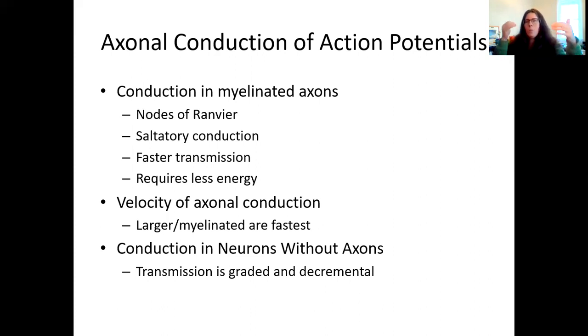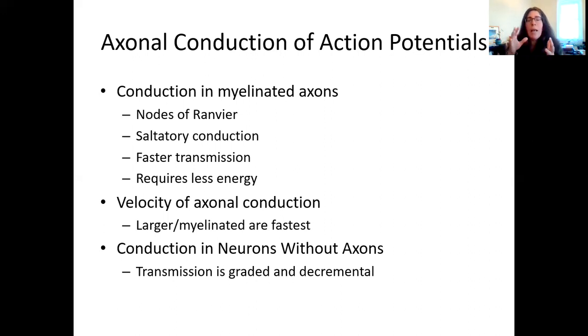But again, each neuron sends its message at the same speed. It can vary between neurons, but it's the same every time for that neuron. Myelinated axons have faster transmission, and they require less energy because of the distribution of sodium channels.